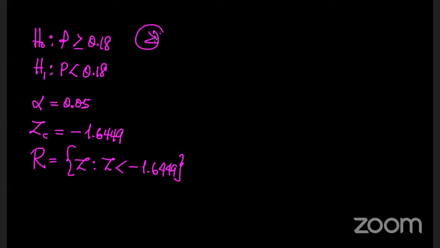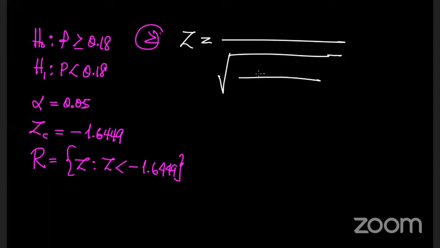I can write here. Z is equal to, there's a square root at the bottom here. At the bottom of the square root, we have P naught, 1 minus P naught, all over n. But here we have P minus P naught.